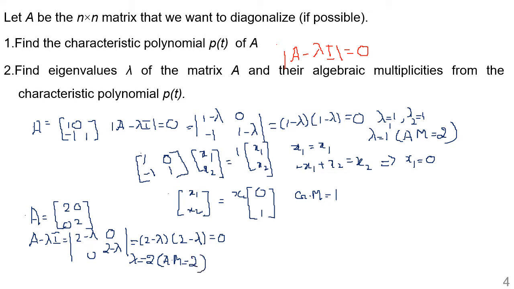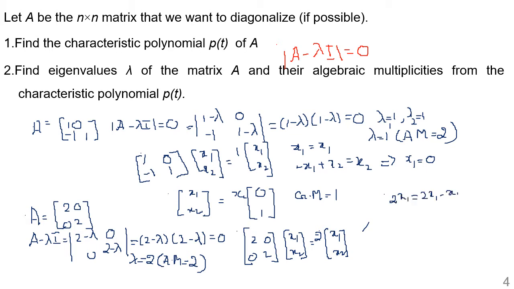Now we try to find the eigenvectors. Here 2, 0, 0, 2 multiplied by x1, x2 gives 2 into x1, x2. So here it gives the equation 2x1 equal to 2x1, so x1 equal to x1.